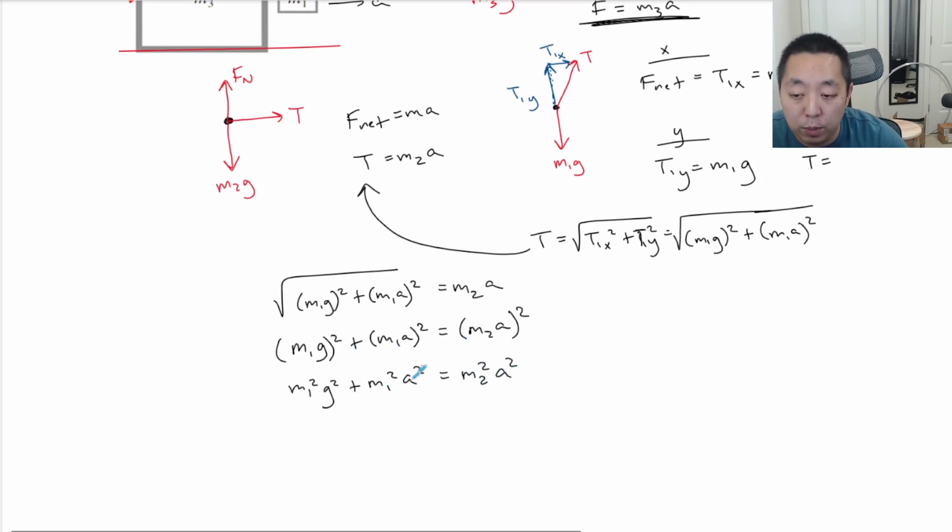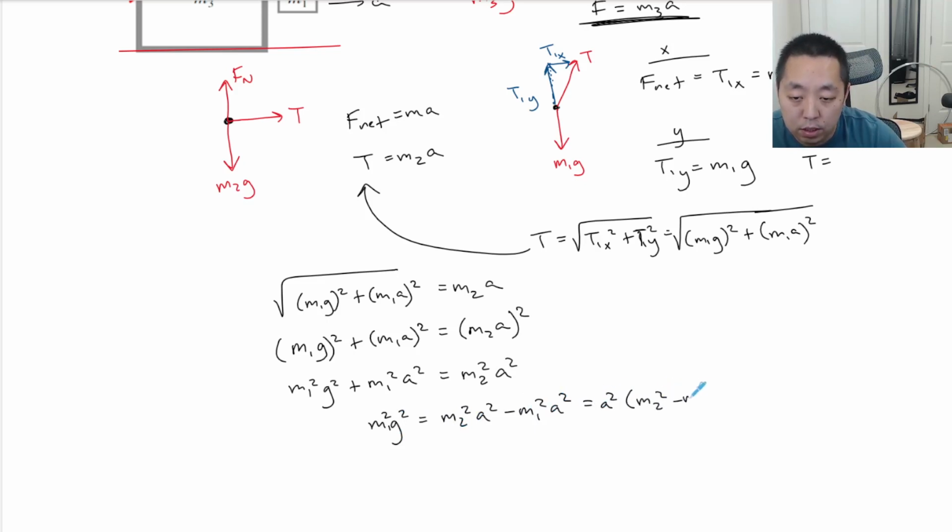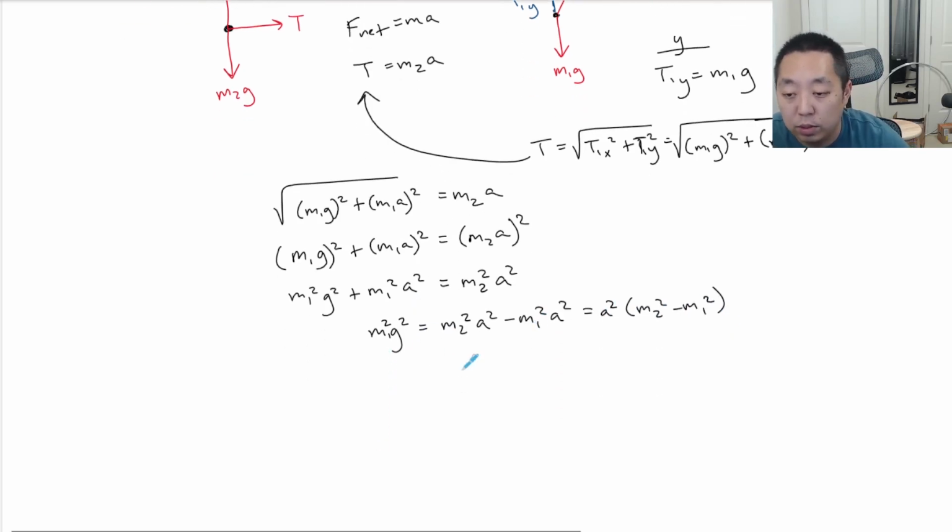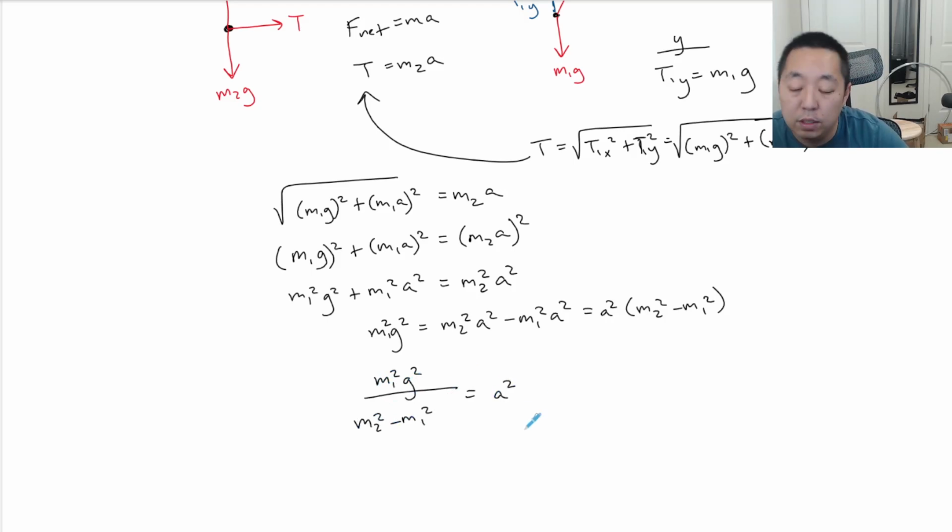And then I want to group all the a's together. So M1 squared g squared is equal to M2 squared a squared minus M1 squared a squared. I factor out an a squared, divide it out, and then take the square root. So M1 squared g squared over (M2 squared minus M1 squared) is equal to a squared.